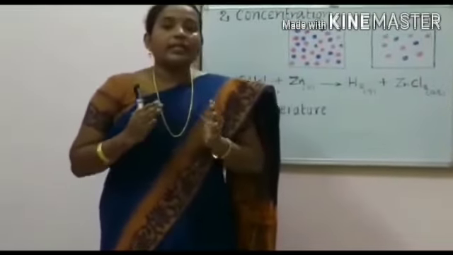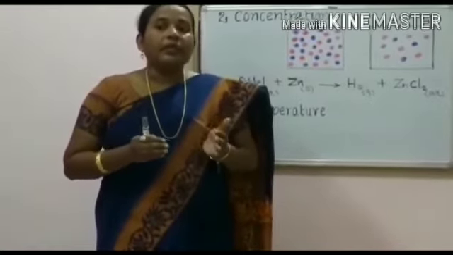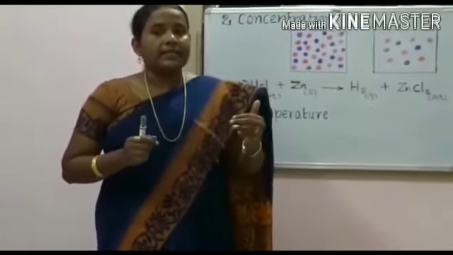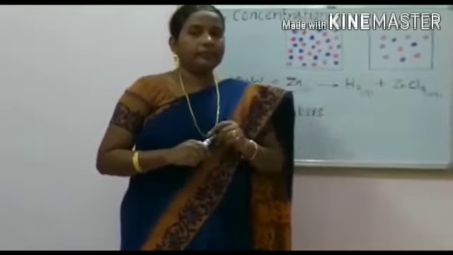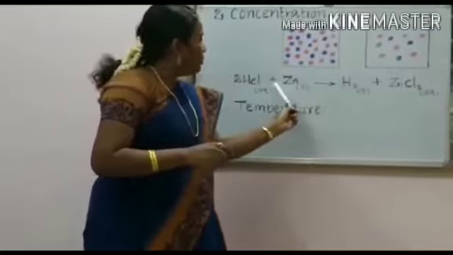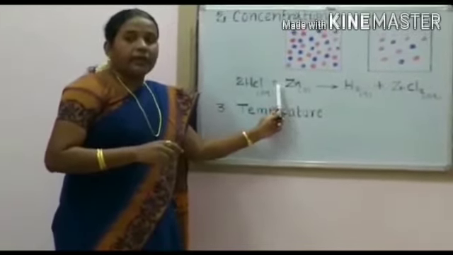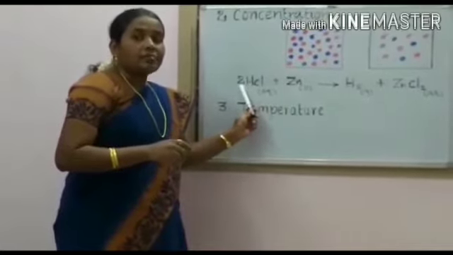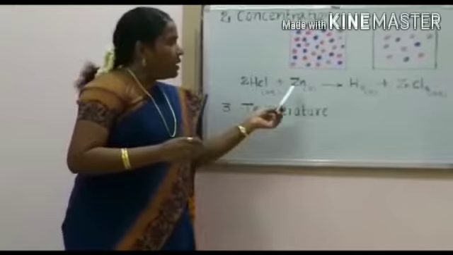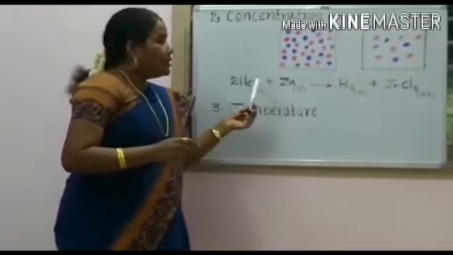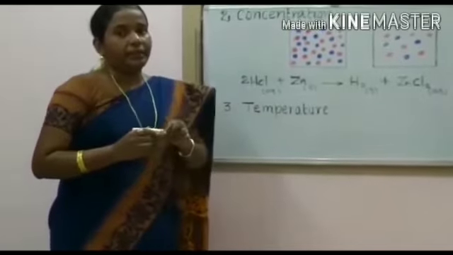So, as the concentration increases, the frequency of collision between the reactant particles increases, and the rate of the reaction also increases. In this reaction, 2 grams of zinc will react faster in 6 moles per liter HCl than the same mass of zinc in 2 moles per liter HCl.